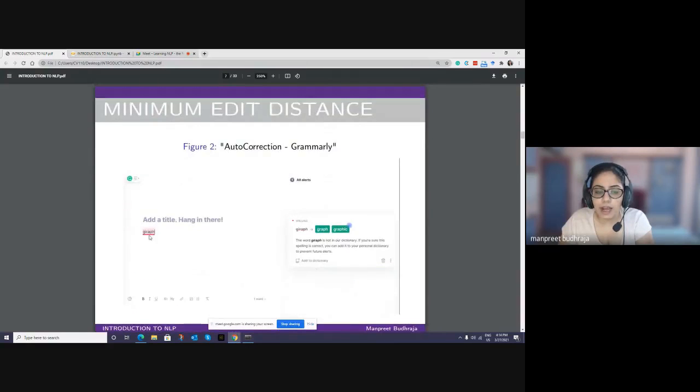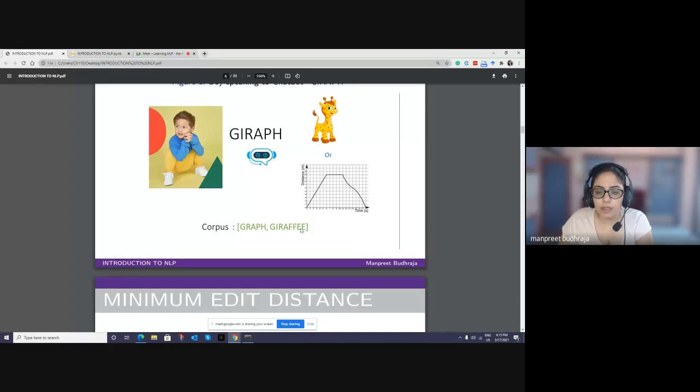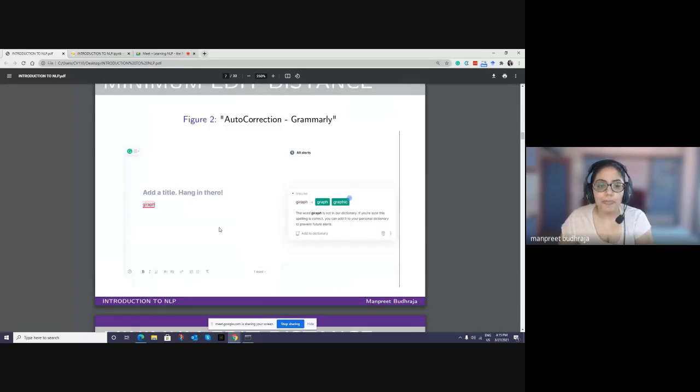So when you see Grammarly, it would tell you graph, because it's just one letter deletion from this rather than adding so many letters to it. Because when you do the deletion, substitution, addition, the score is the least when it comes to graph rather than giraffe. So that's why graph is preferred.